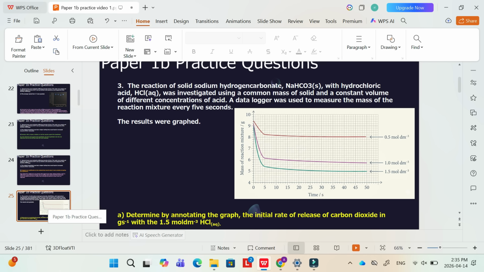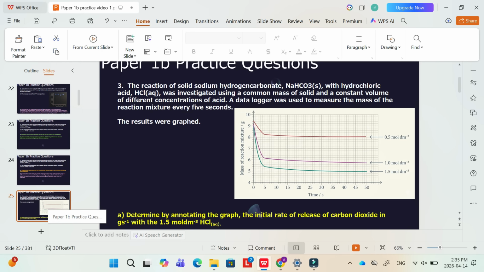The results were graphed. Okay, we get this graph of the 3 situations of acid, and then determine by annotating the graph the initial rate of release of carbon dioxide in grams per second with the 1.5 mole per decimeter cubed HCl. So that's the bottom line.